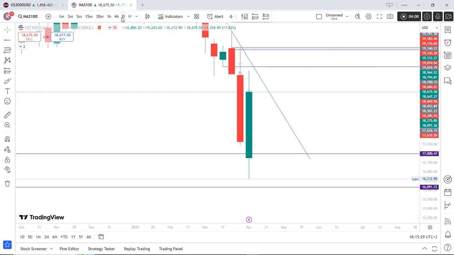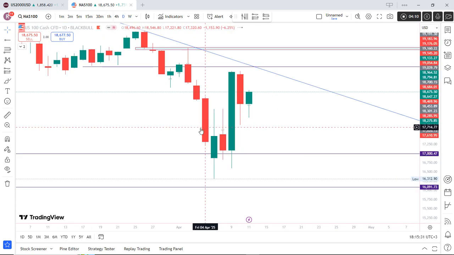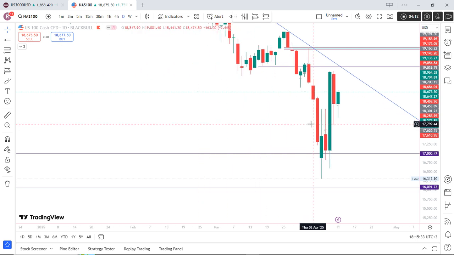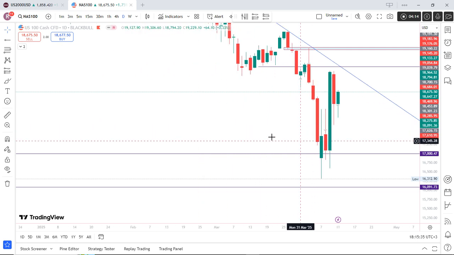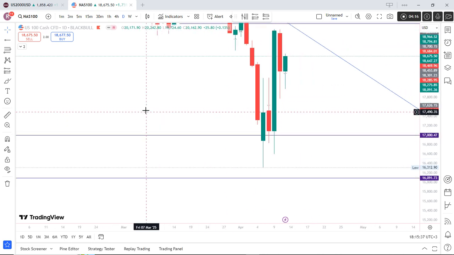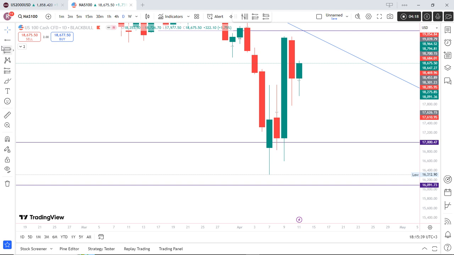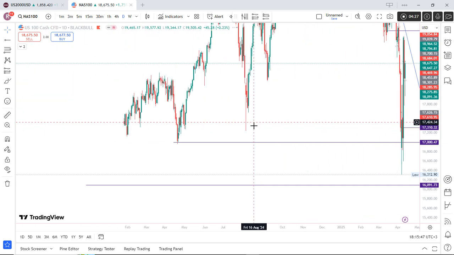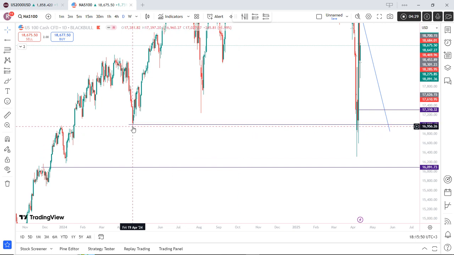Now moving on to the daily time frame. This is our Friday. This is the Friday close. We closed right here. So when we closed here, our next liquidity pool was here.